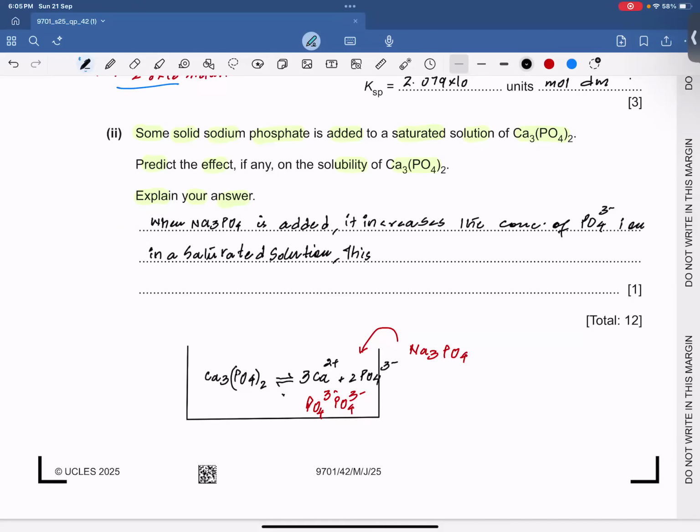This favors equilibrium towards left hand side. Hence, precipitation increases and solubility decreases.